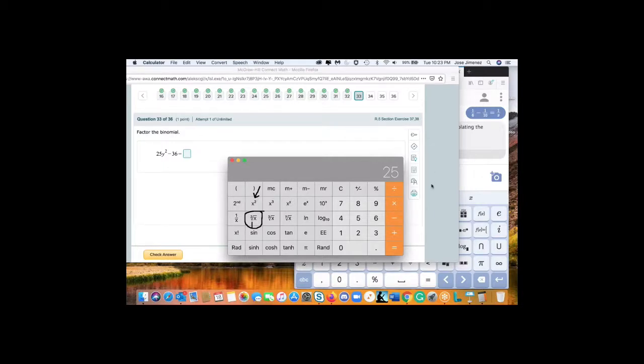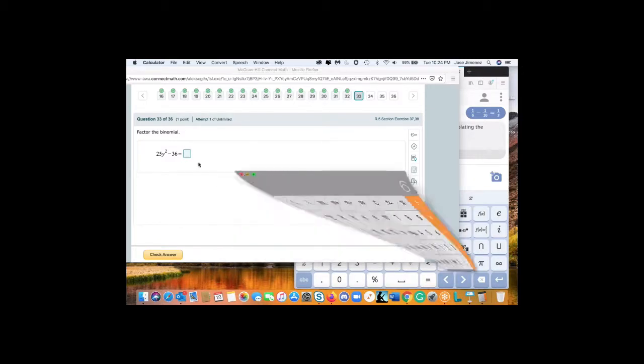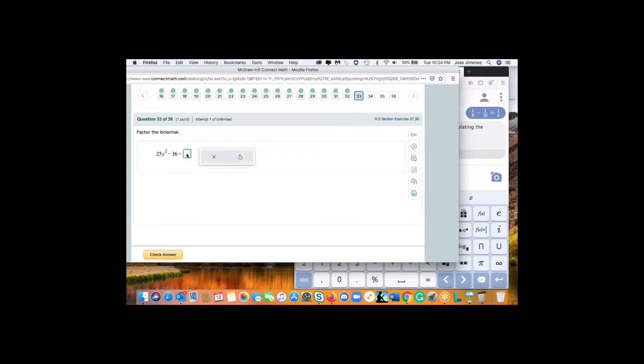So we say 25 and then the square root. That's fine. And then we say 36 and then the square root. That's 6. That's all we need. So here we say open parentheses. Remember the idea is a plus b times a minus b.